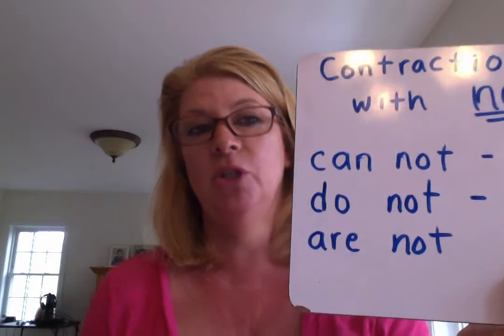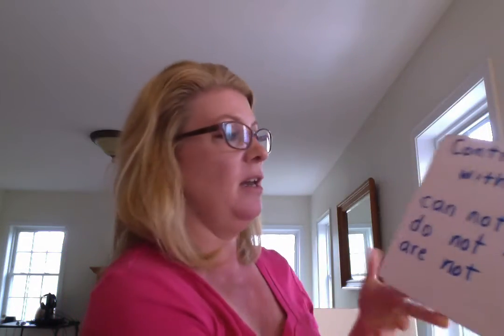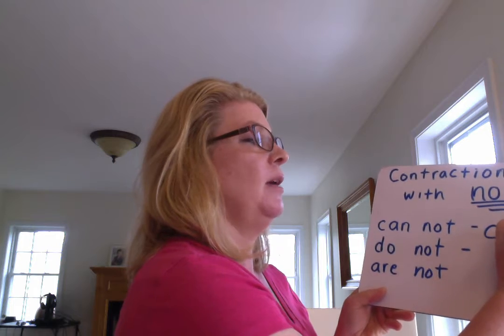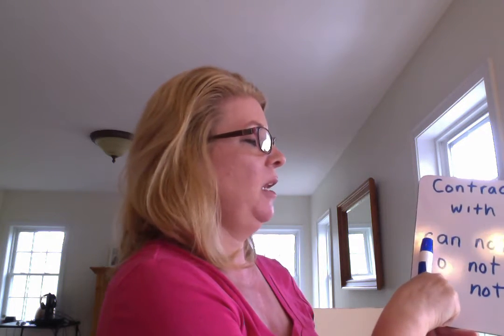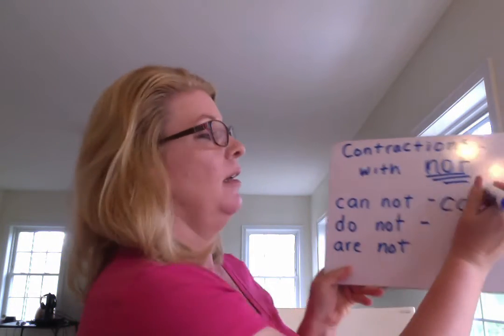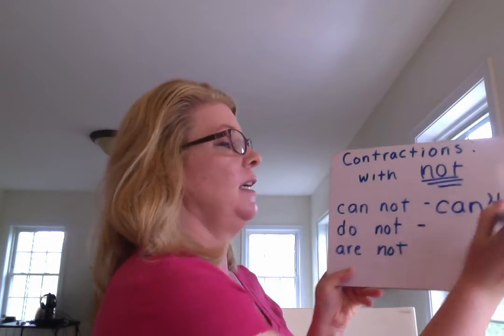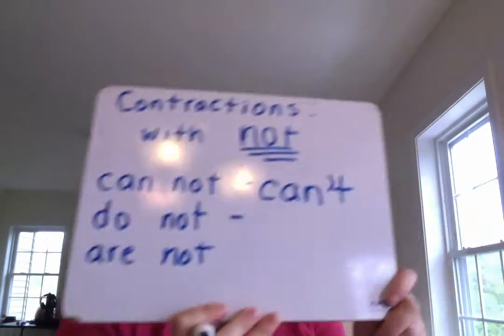So I did it this way. I started with the two words. So cannot becomes can't, and we do it this way. We have the beginning part, can, we put our apostrophe, and then the T, can't.